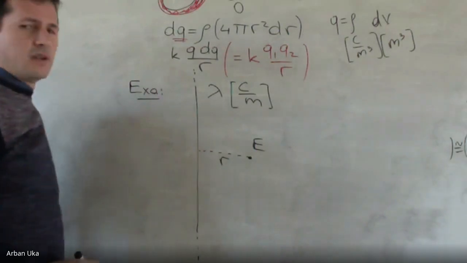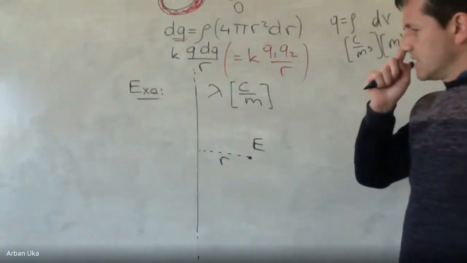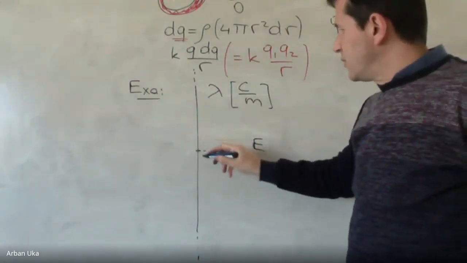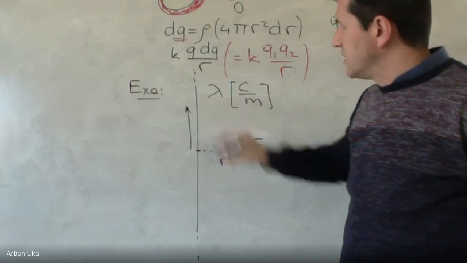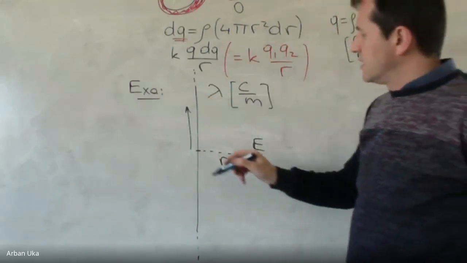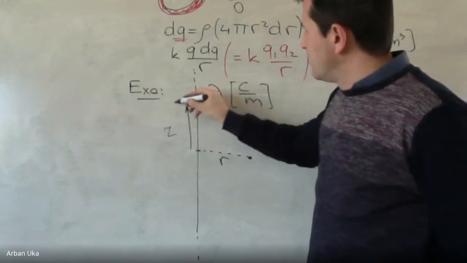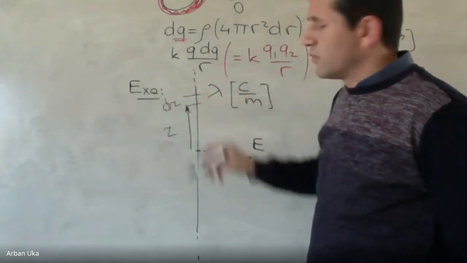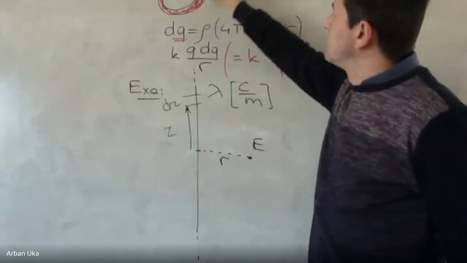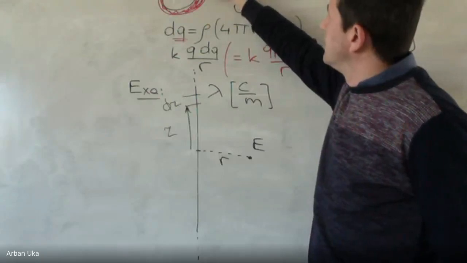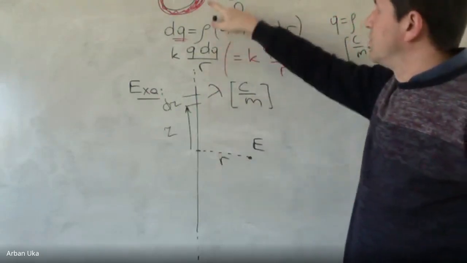So then the language that we use is this. We assume that this is the point 0, and we say the following. This is something that you can memorize, and like a song, you say that at any distance z, I select an infinitesimally small element dz. Okay? That was the song. So what was the song here? We say at any radius r, we extend an object which is thick dr. That's the song that we do when you have a volume.